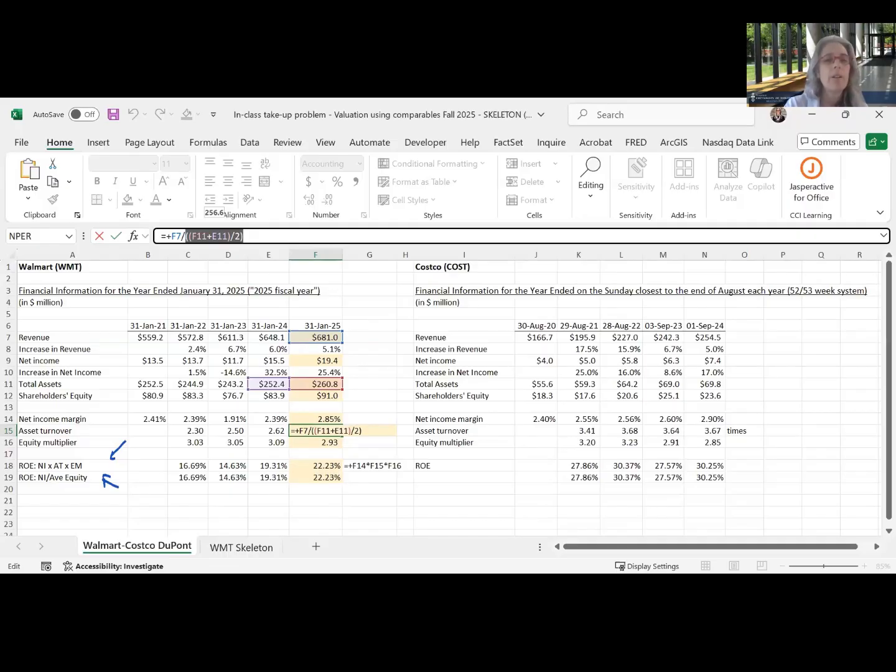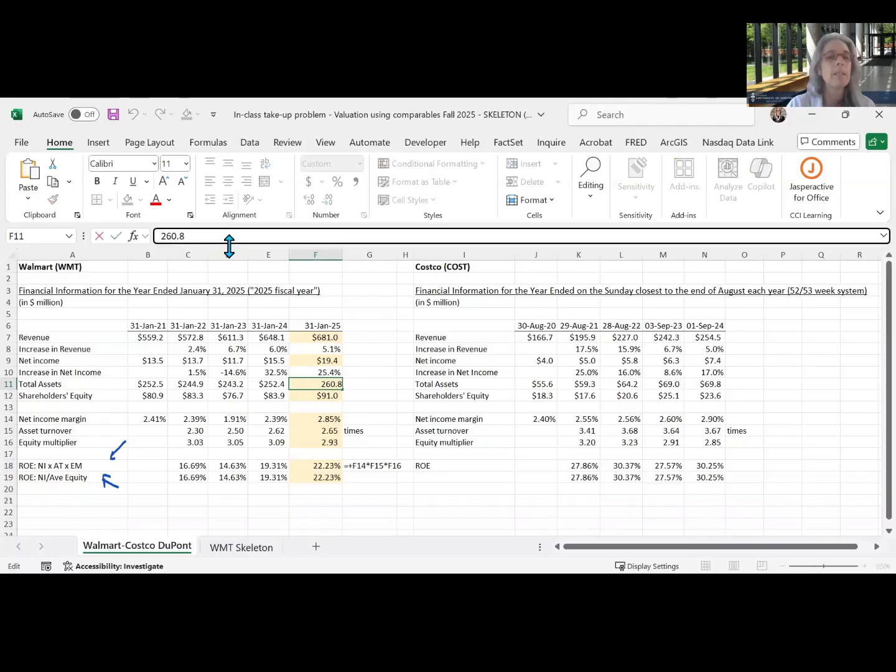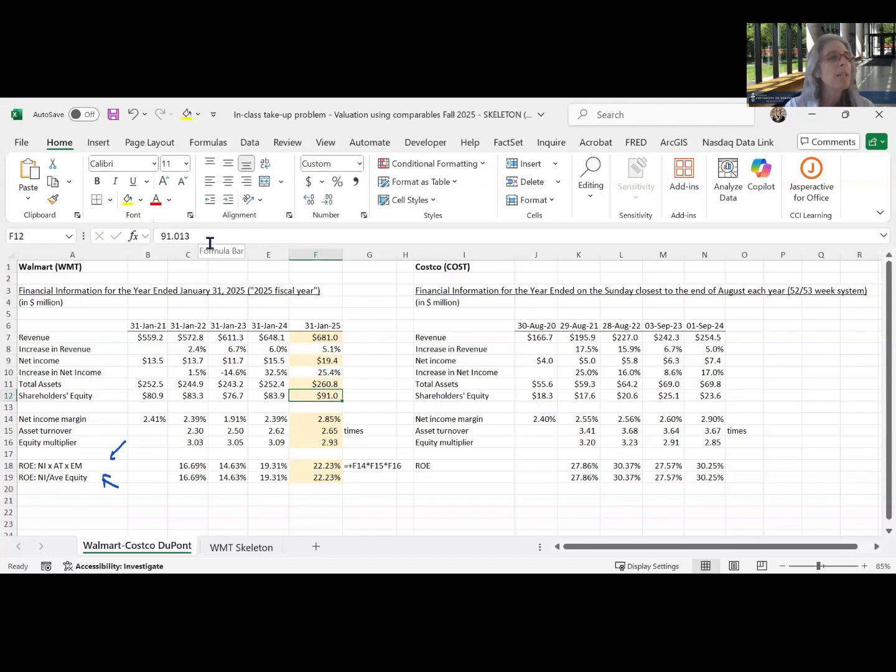Shirai, your ROE is different, 22.19. It might be just because I put in total assets, what did I capture? 260.8. Did you put in more decimal places in your total assets? No. And shareholders' equity, 91.013. Let's see if I put 91, what does that do? Doesn't really make a difference. I wonder why. So let's just check, which one did you get? ROE 22.19.